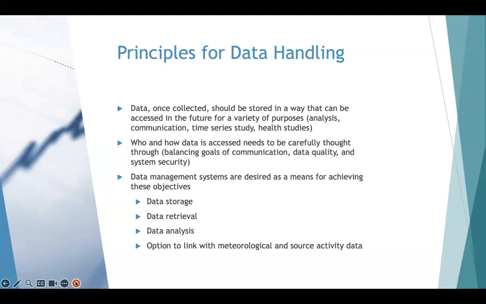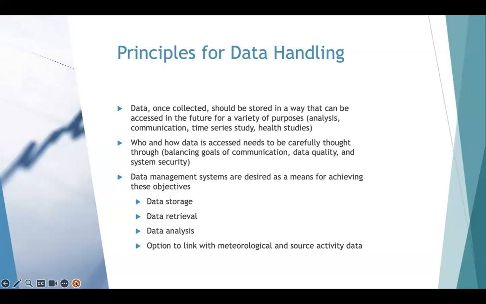When it comes to principles for data handling, data once collected should be stored in a way that can be accessed in the future for a variety of purposes. What does that mean? After we collect data, what do we have to do?